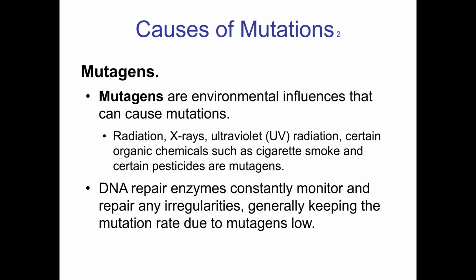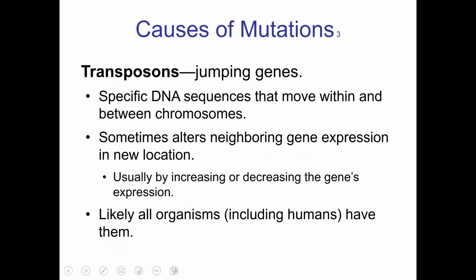Remember in chapter 5, we talked about the different control checkpoints that we have. CDK and cyclins are constantly checking to make sure everything looks right before we go on in the cell cycle. So we don't have mutations, but mutations do occur. And when they occur, they can cause different problems. So what are the types of mutations, or what are other causes of mutations?